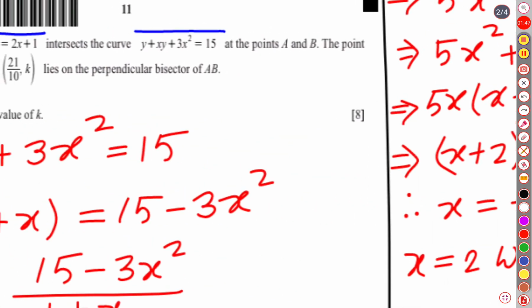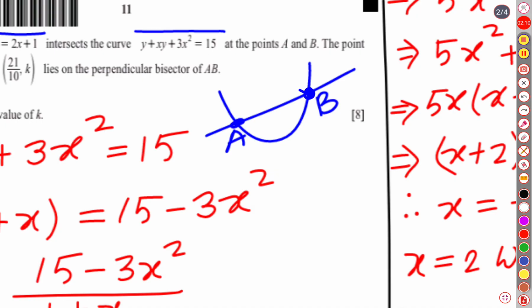Suppose this is a curve, and the straight line AB intersects the curve at this point, at A as well as at B.